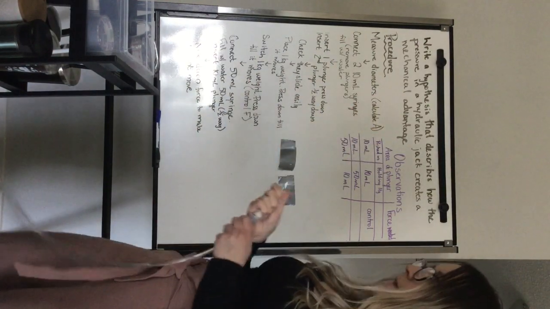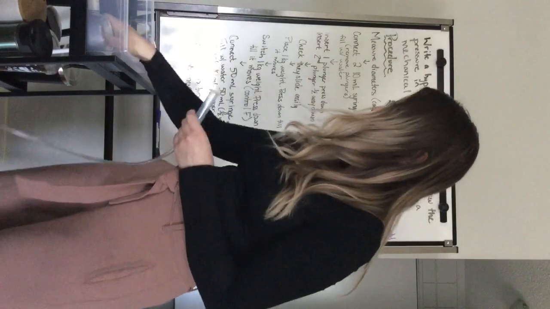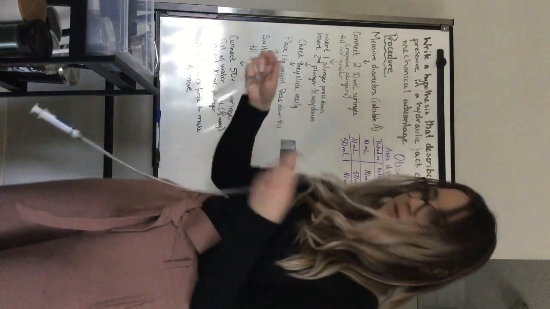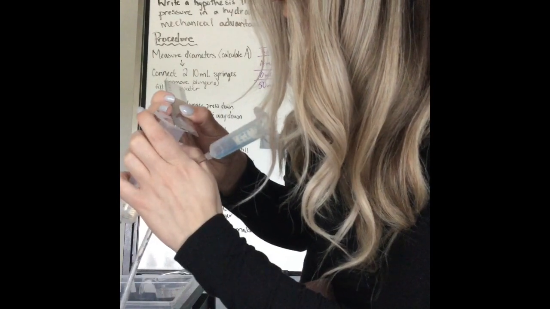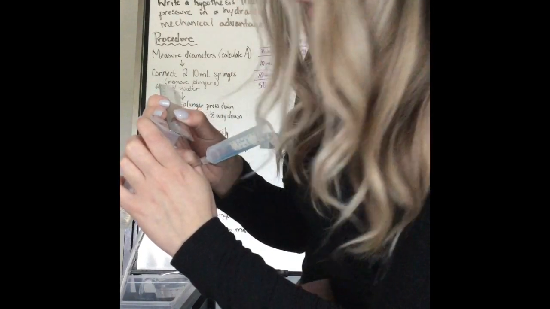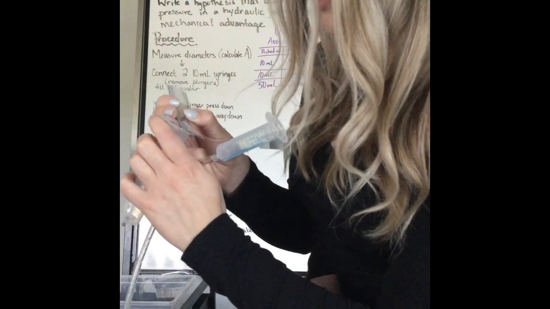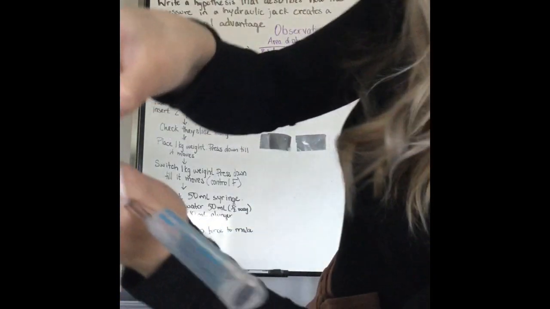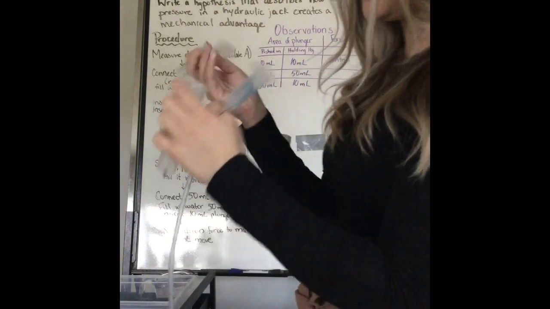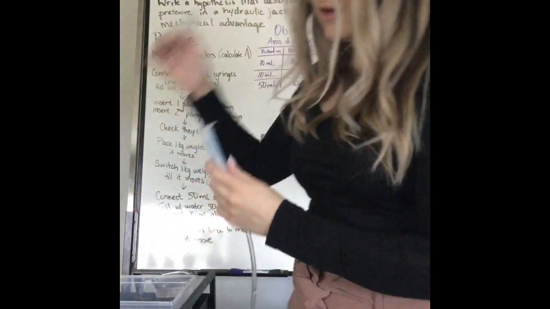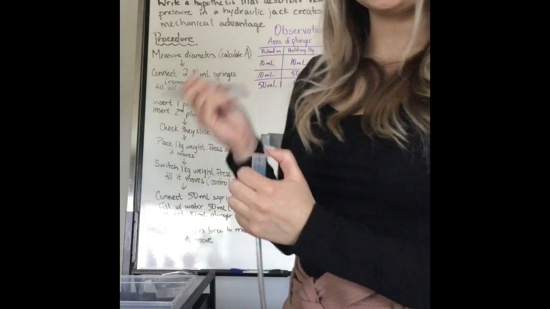So the first step is to measure the diameters of each of the syringes. It is 25 millimeters. So if you can see that, it's 25 millimeters or 2.5 centimeters.